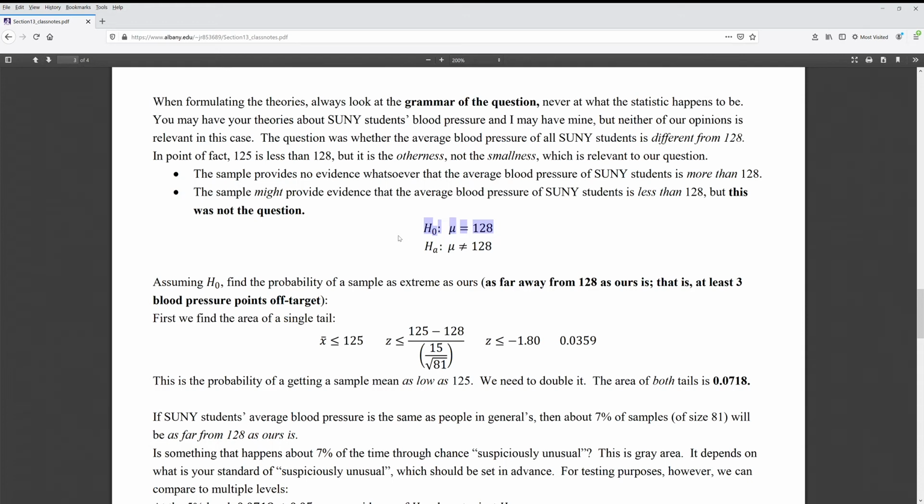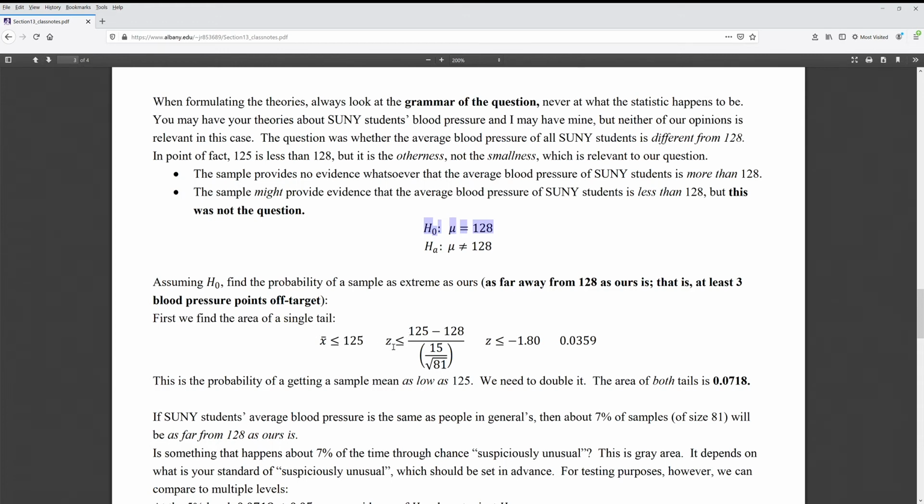So while we're under the umbrella of the theory that the average blood pressure of all SUNY students is 128, under that assumption we can decide how weird it is to pick 81 students and get something as far from the center, as far from 128 as 125 is.